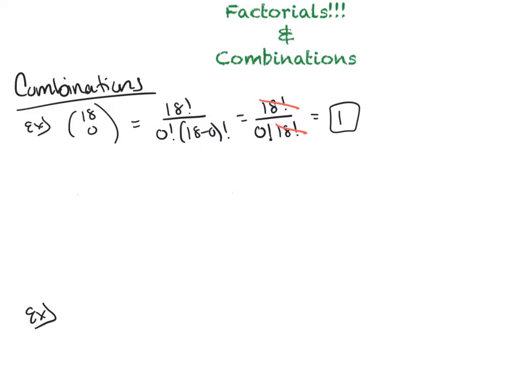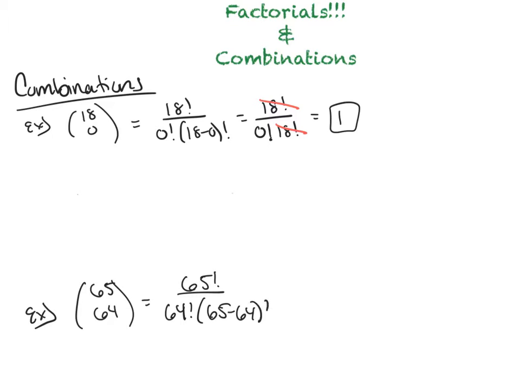Another example is 65 choose 64. So this is 65 factorial over 64 factorial times 65 minus 64 factorial. Well, 65 minus 64 is 1, so this is times 1 factorial. Well, 1 factorial is just 1.